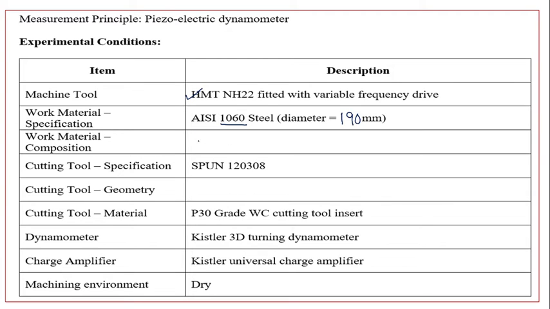The composition you have to find out. The nominal composition is carbon 0.6%, and it is a plain carbon steel, so there would not be any obvious alloying element. As far as the tool geometry is concerned, this is the tool geometry.